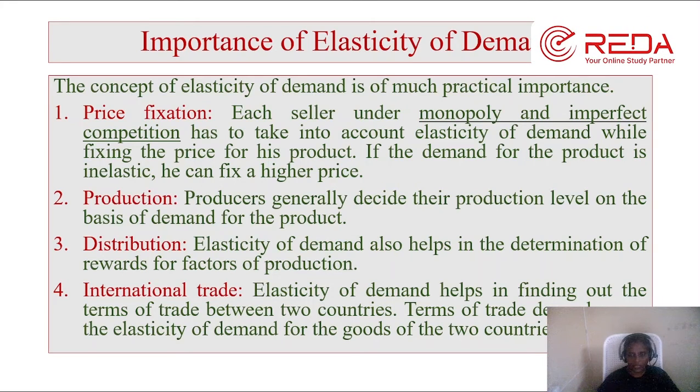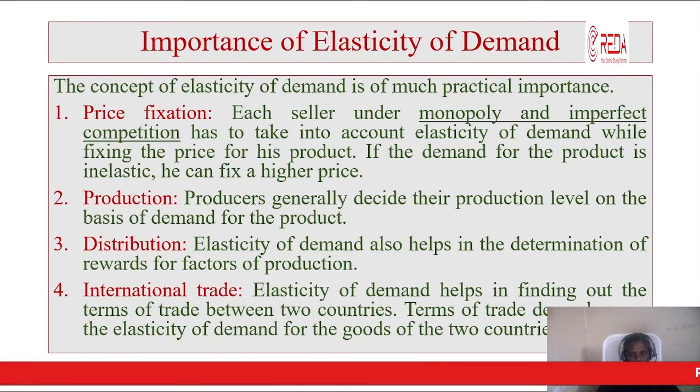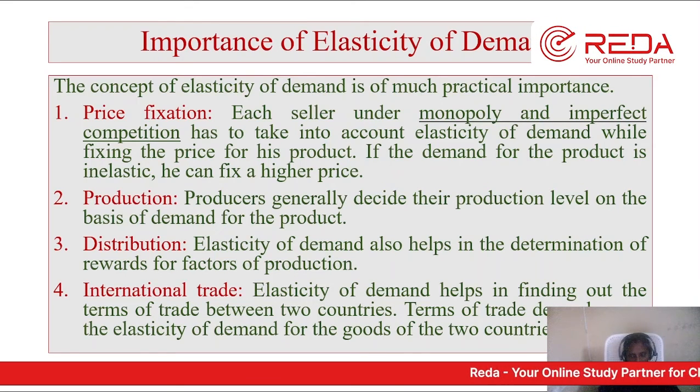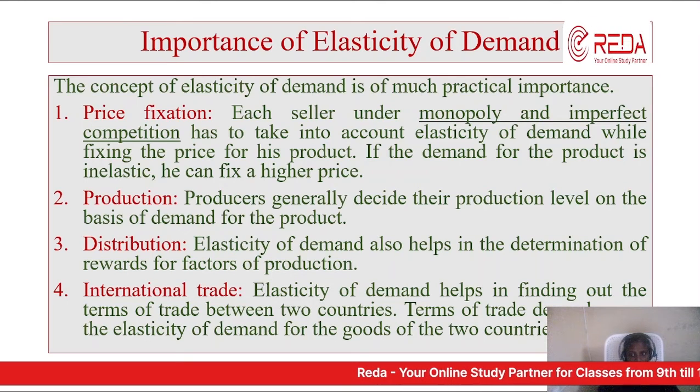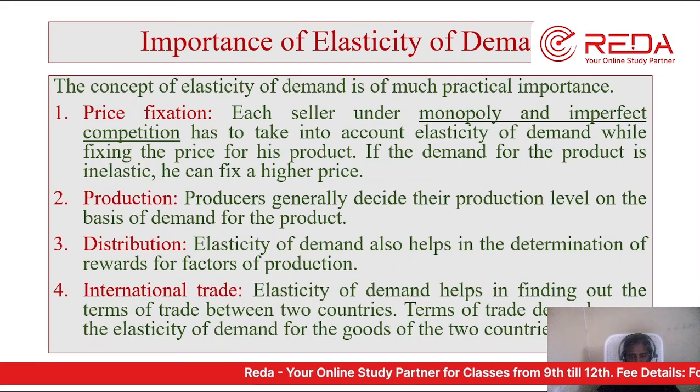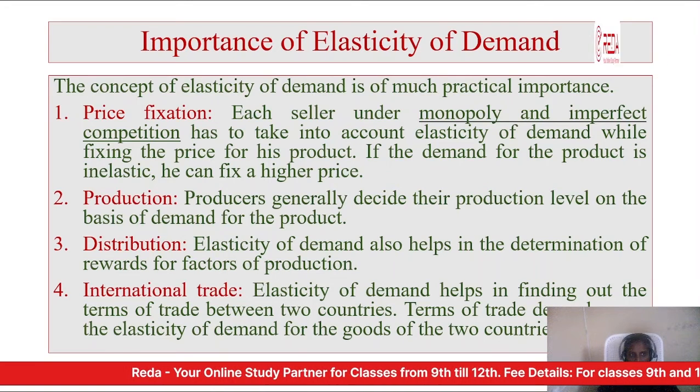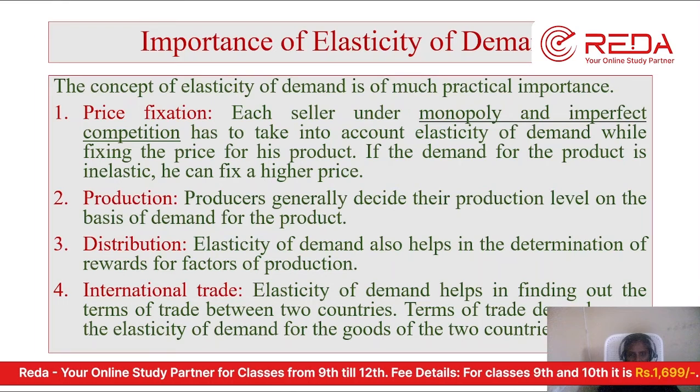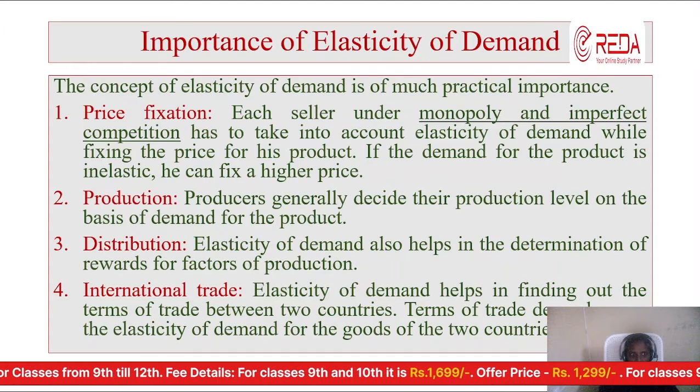Then imperfect competition is also a kind of market where producers sell different kinds of goods. In a perfect competitive market, so many buyers and sellers sell homogeneous commodities, but here they sell different commodities. Among them, they fix the prices, and they take into account the elasticity of demand while fixing the price.